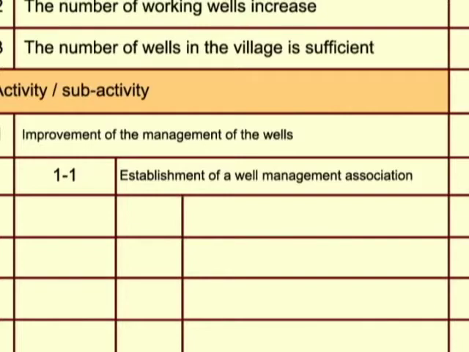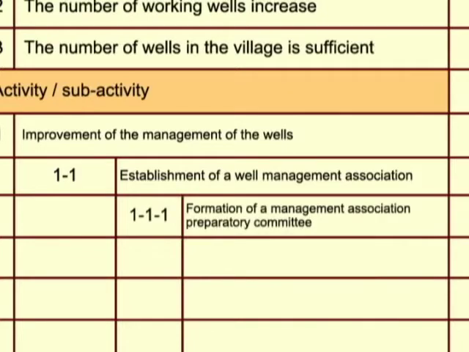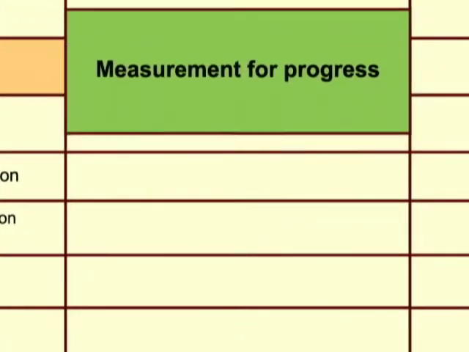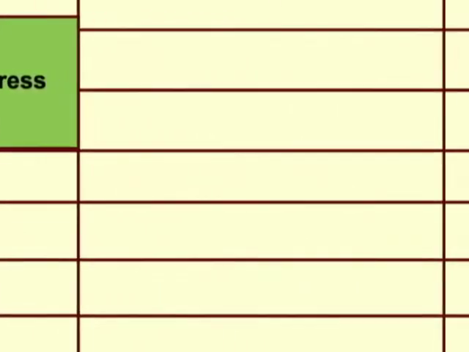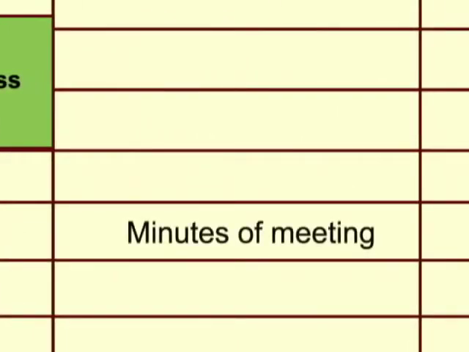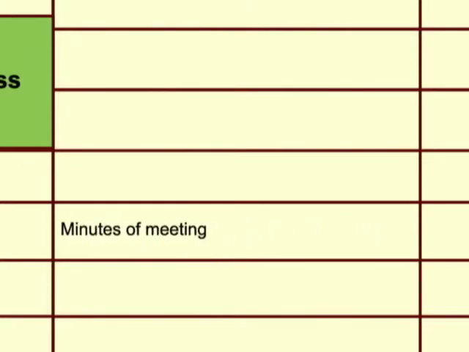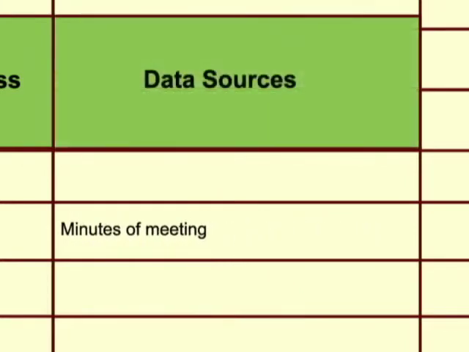Let us take the activity 1-1-1, formation of a management association preparatory committee. The measurement of progress is that an installation committee is formed. Next, there can be meeting minutes as an idea for the main item for the data sources.